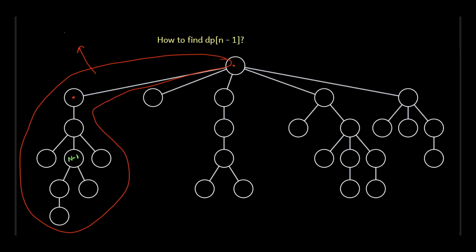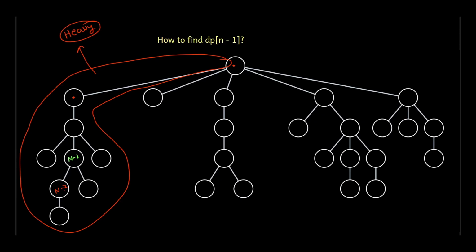This means that these nodes hold a lot of power. Why? Because one of these nodes holds the power. Not just one, there could be multiple such nodes that hold the power. Like what if there is n minus 2 hiding over here? This n minus 2 itself could clear everything on the right hand side. So these nodes are heavy nodes because they hold the power to delete all the other nodes.